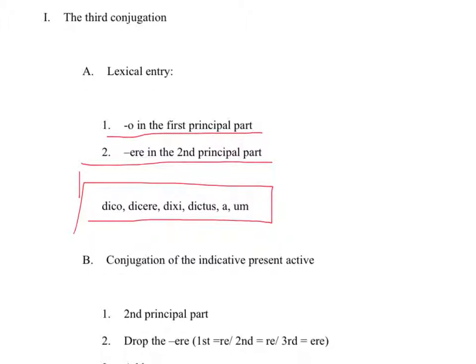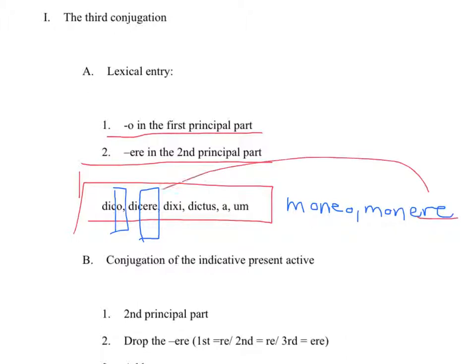In the first principal part, you have an O. It ends with an O. In the second principal part, it ends with an ERE. You could argue that this is confusing when you compare it to a second conjugation verb like moneo, monere. If you look at moneo, monere, it ends in ERE, just like this one ends in ERE.